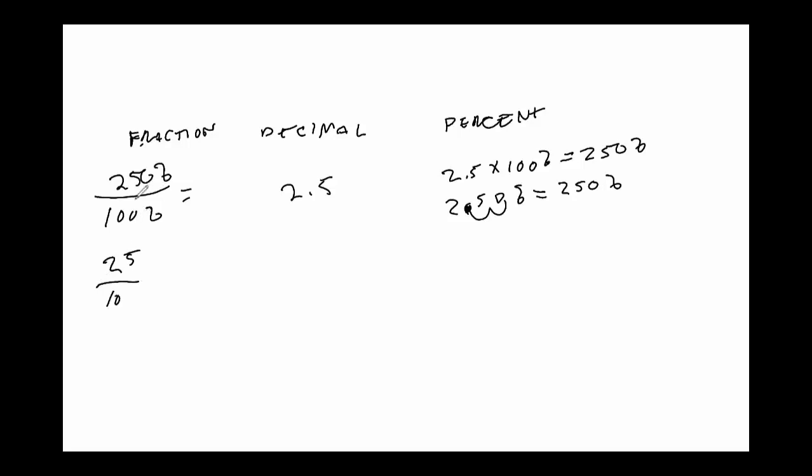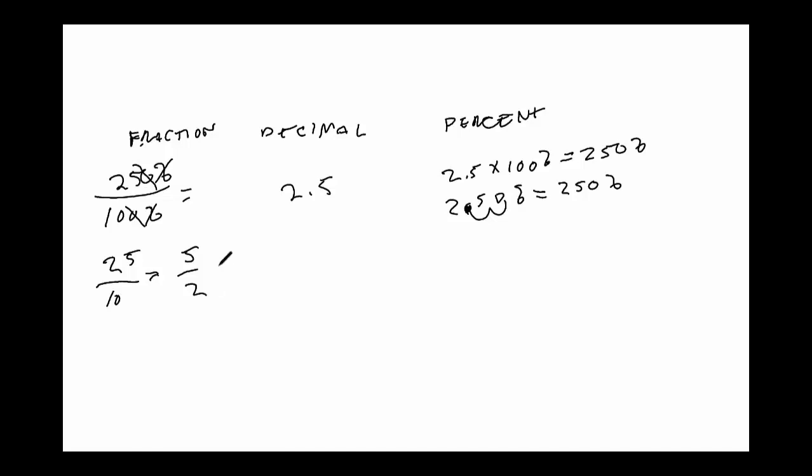Now notice how I did that because I canceled out the percent, but I also saw that I have the same 0 on the top and the bottom, so I was able to reduce it to 25 over 10, and then I can further reduce this to see that 5 goes both into 25 and 10, and I end up with 5 over 2.